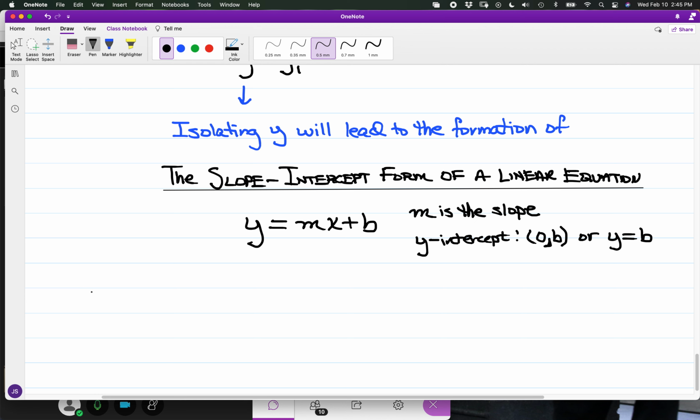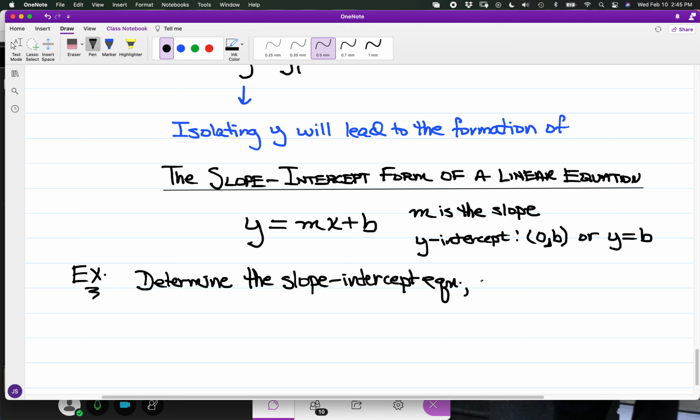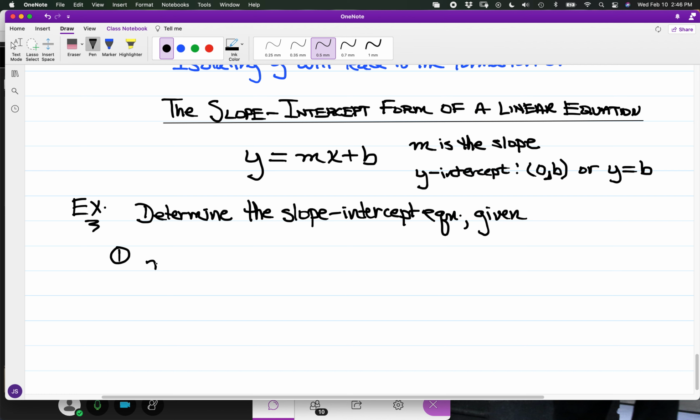Among the examples, if I were to determine the slope-intercept equation, say we are given, first of all, that the slope is equal to 5, and that the point through which the line passes is at (-1, -2).